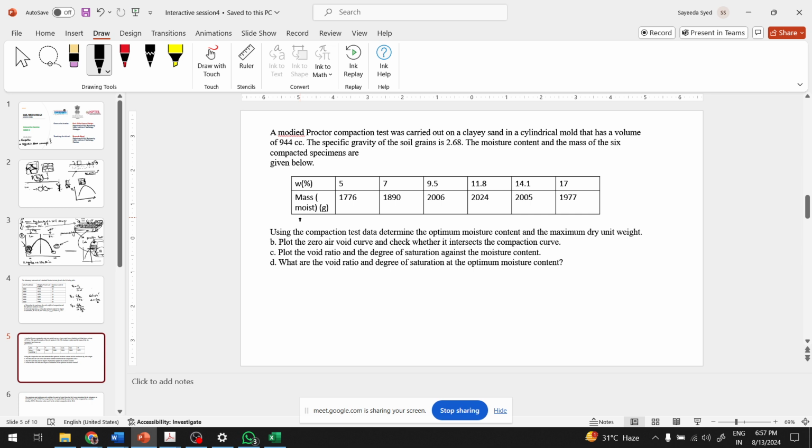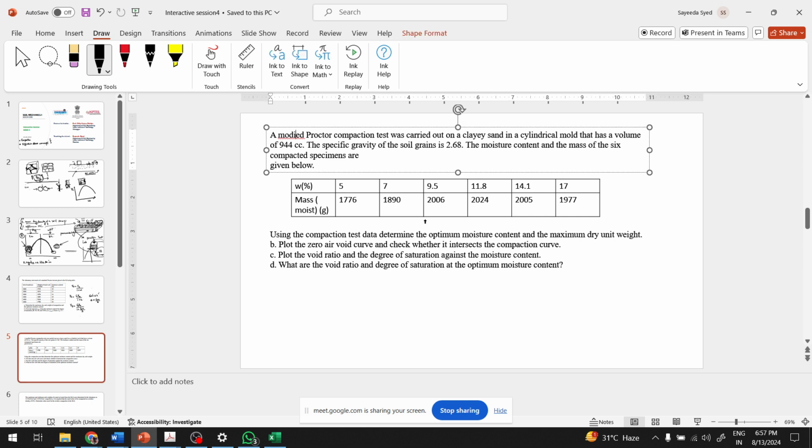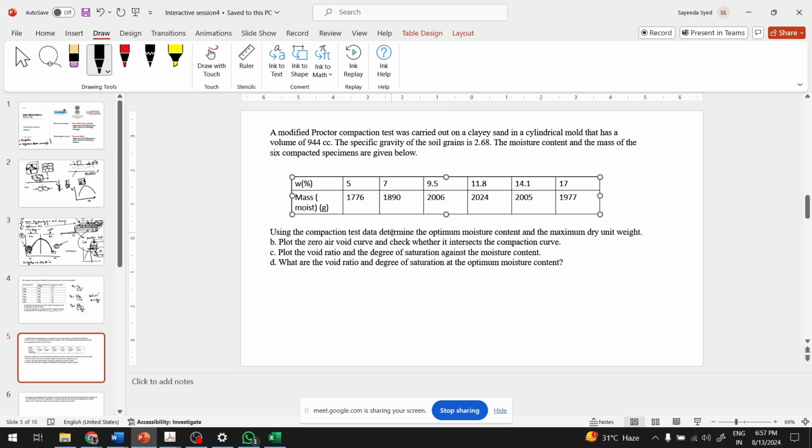The second question. A modified Proctor compaction test was carried out on a clayey sand in a cylindrical mold that has a volume of 944 cc. The specific gravity of the soil grains is 2.68. Moisture content and the mass of the six compacted specimens are given below. So we have been given again the mass of the specimen and the water content.